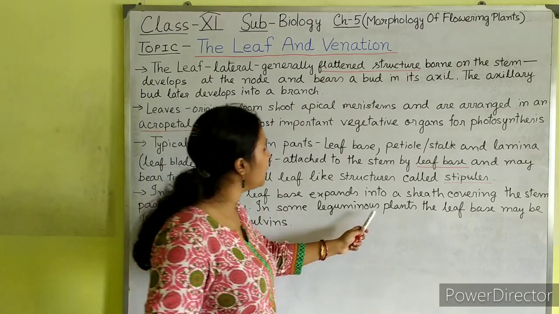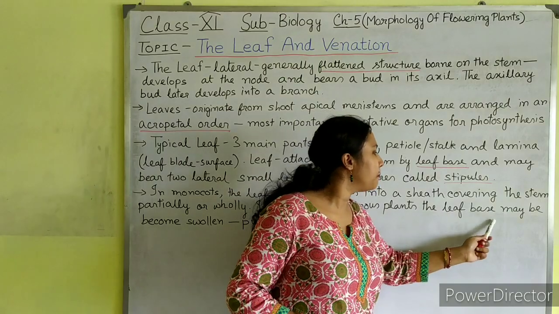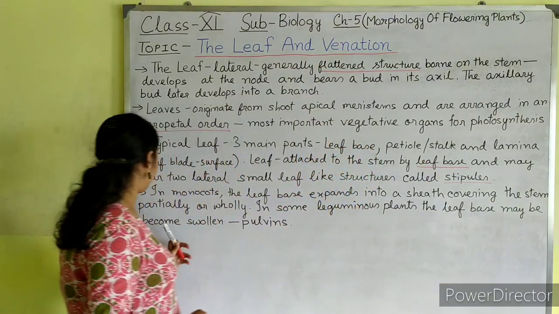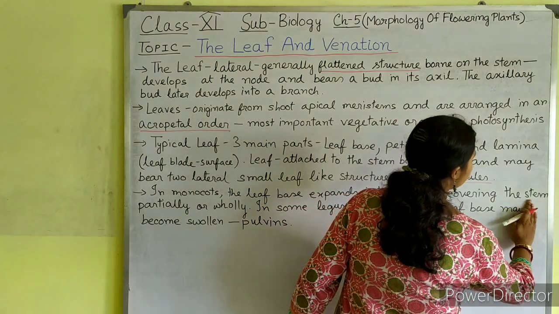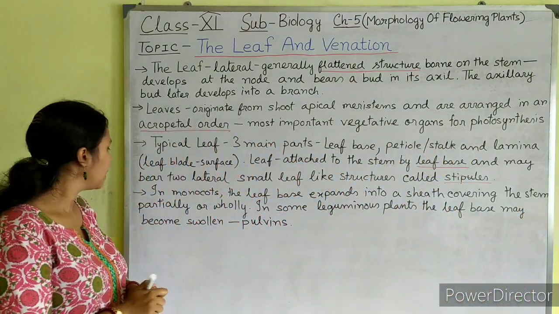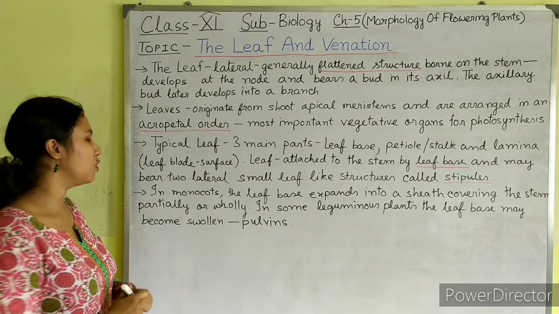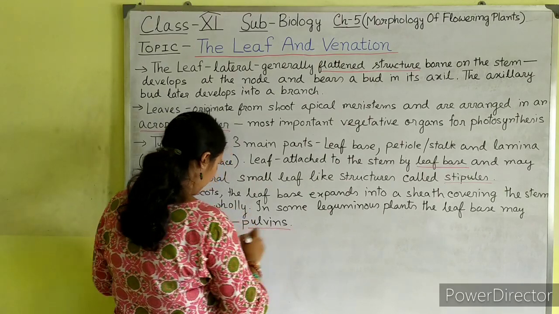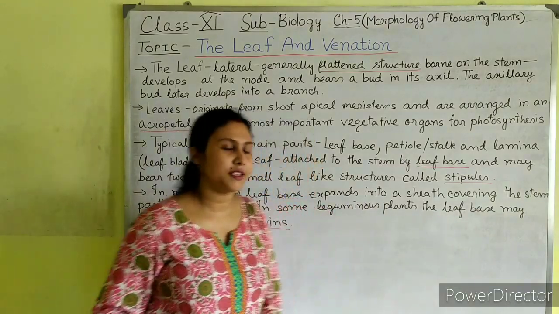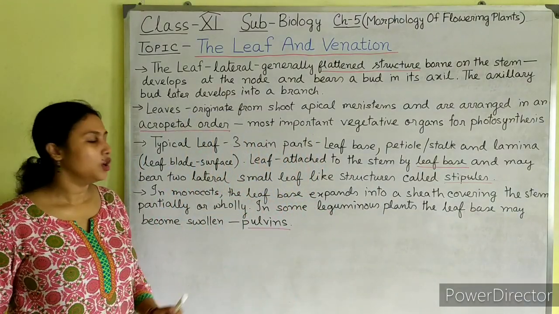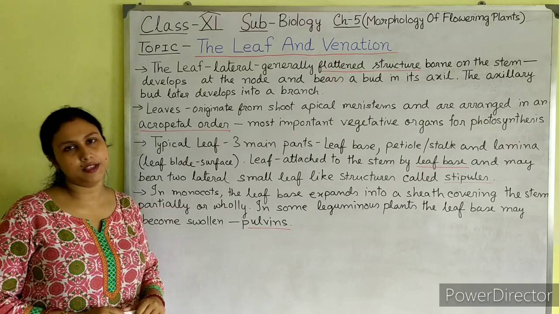In some leguminous plants, the leaf base may become swollen, which is known as pulvinus.